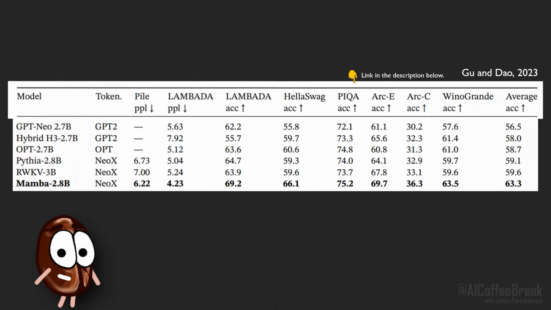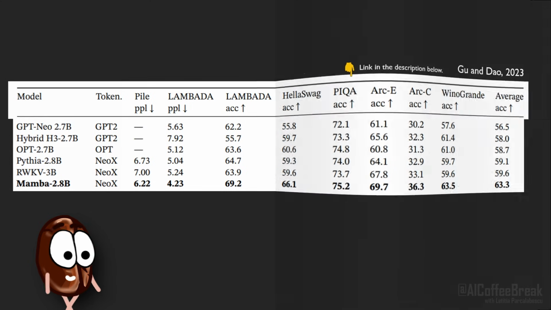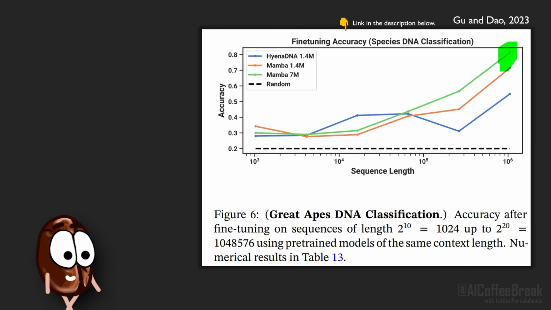The authors also tested MAMBA on downstream tasks, and we see great accuracies across the board. You know, the bolder the numbers, the better. And it's better than transformers or attention-free methods. But what we also wanted to show is the great data type diversity that MAMBA can cover. MAMBA works great for DNA sequence classification tasks, where the model classifies the species given a DNA sequence.